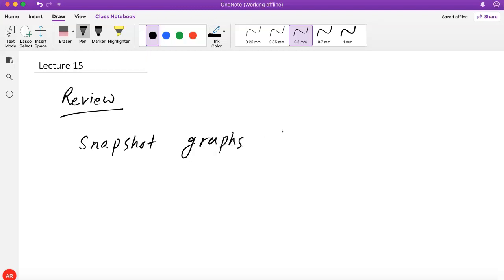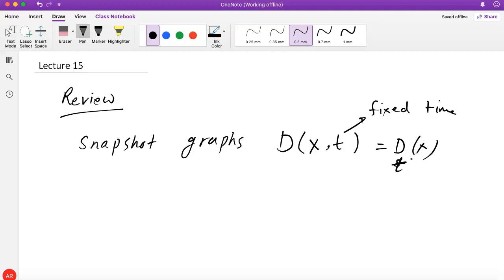So these were the displacement pattern for different x's, at a fixed time. So let's say we call that d sub t. It's a function of x for fixed time.